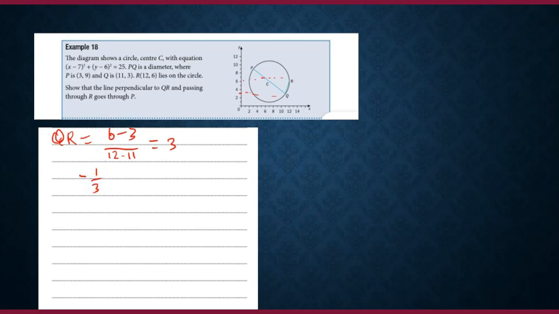The equation of the perpendicular line through the given point (12, 6) we can solve using the formula: y minus 6 equals our gradient -1/3 times (x minus 12). So this becomes y equals -1 over 3 x plus 10.